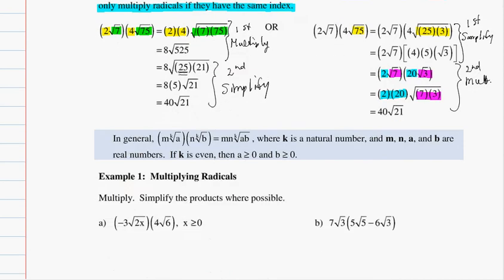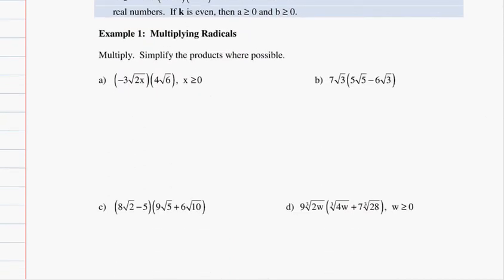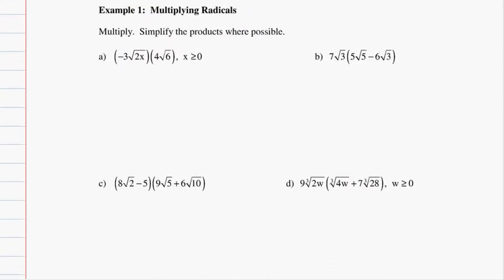Okay, so let's try a couple of examples. In the first example, we are going to multiply negative 3 square root 2x times 4 square root 6. And remember our restriction, because we have an even index, our restriction is x has to be greater than or equal to 0.